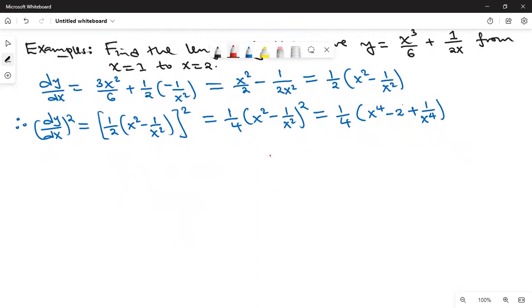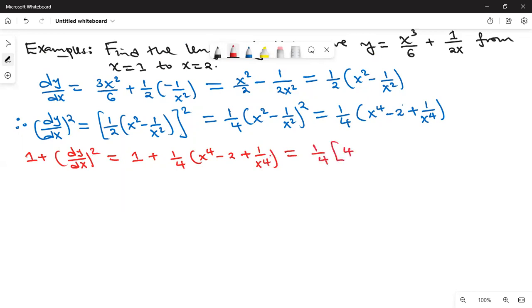So we need 1 plus dy over dx, and this is squared, is simply 1 plus our answer, 1 over 4 into x raised to 4 minus 2 plus 1 over x raised to 4, which you can write as 1 over 4 into 4 plus x squared minus 2 plus 1 over x raised to 4.